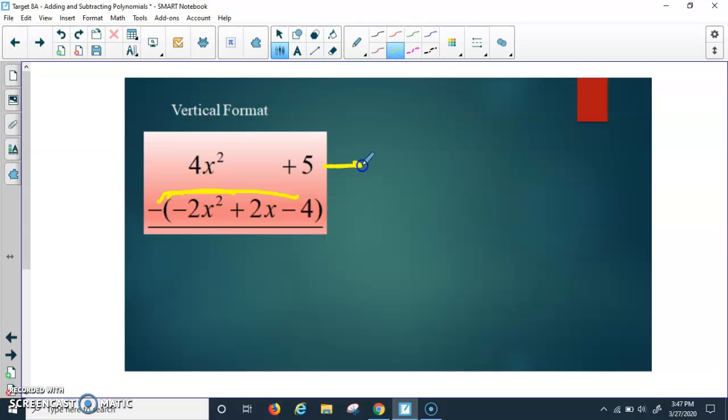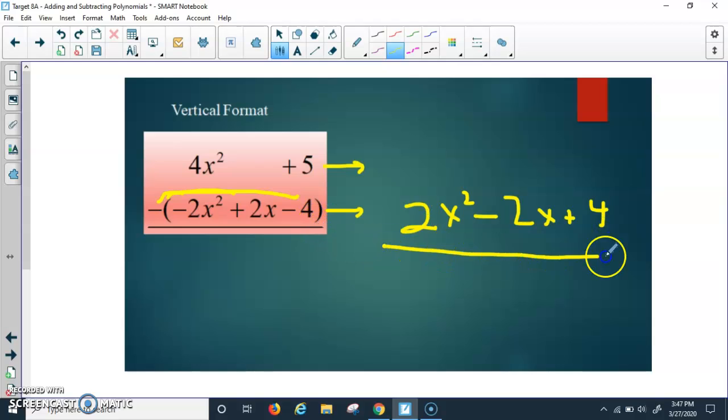So if I distribute that, this is going to be 2x squared minus 2x plus 4. And then we aren't going to do anything to the top one. So we go 4x squared and then put the plus 5 above the constant.